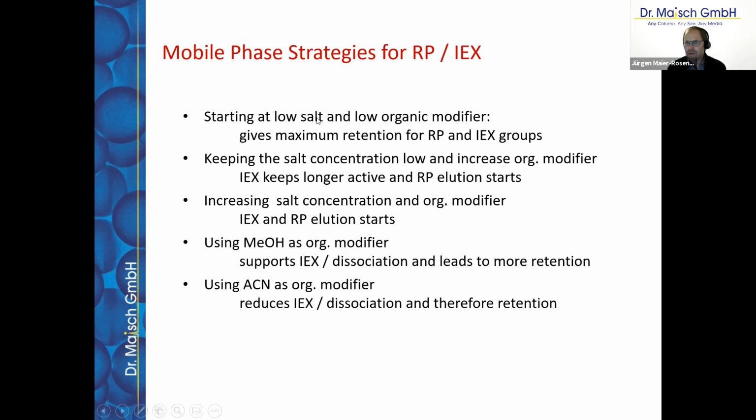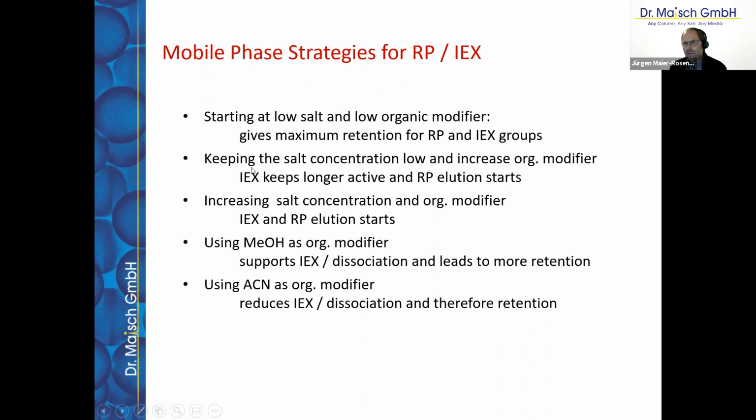If you have low salt and low organic, you have a maximum retention for the reverse phase and for the IX groups, because low salt and low organic modifier doesn't lead to elution. So starting both together, you increase slowly salt and slowly the organic, and you have both interactions going hand in hand.